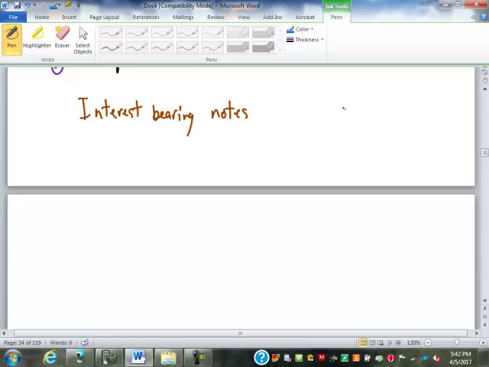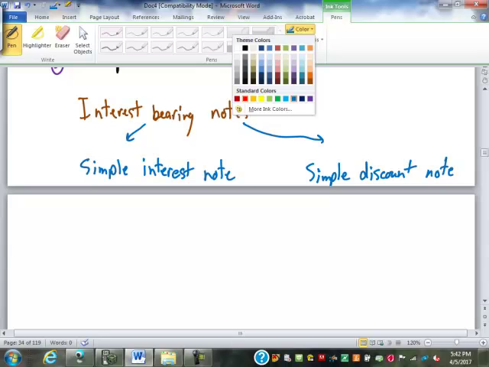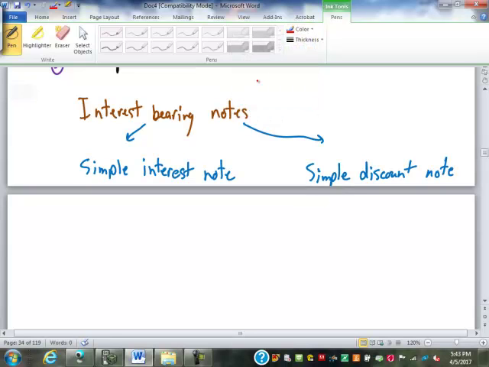But anyway, between these interest-bearing notes, the first type is called a simple interest note. And the second type is called a simple discount note. The difference is the face value.